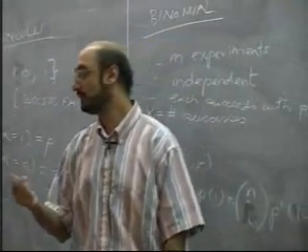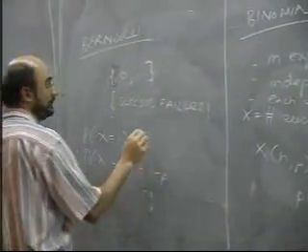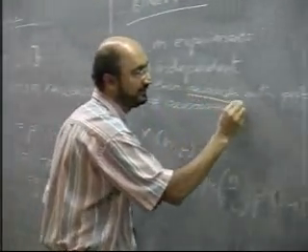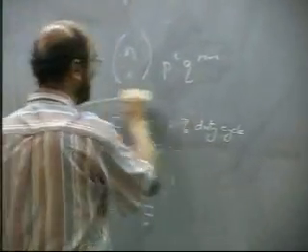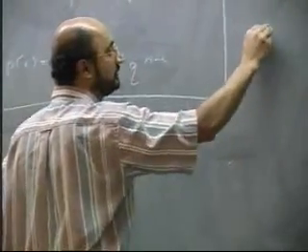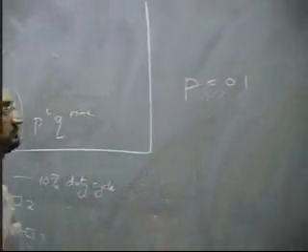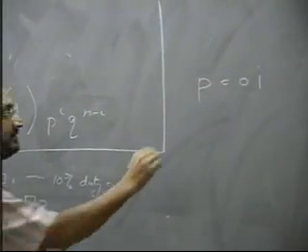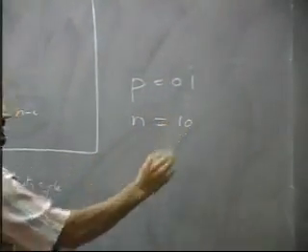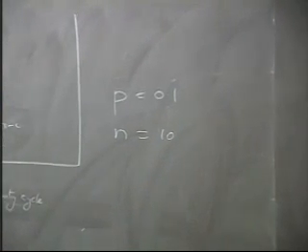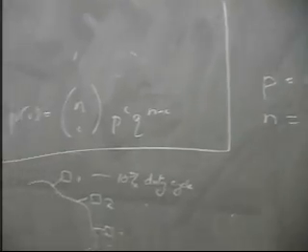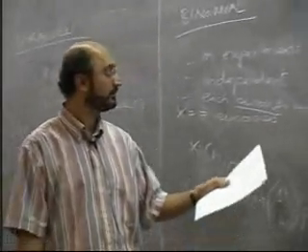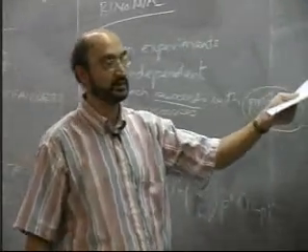So each succeeds with probability p, and in this example p equals 0.1. What is n? Well, n is 10. Now we have all the parameters we need. We need to know n and p, and then we can answer any question about how many stations are active. We can just plug it in.